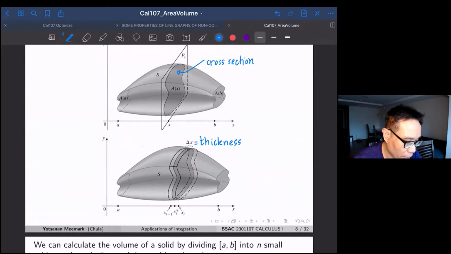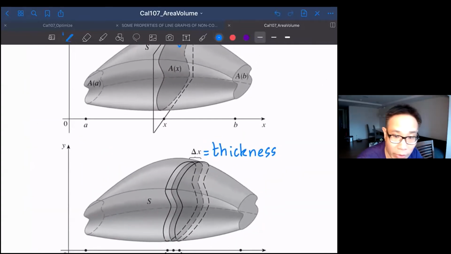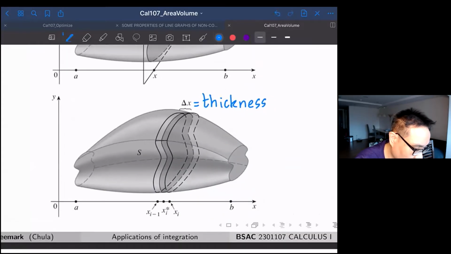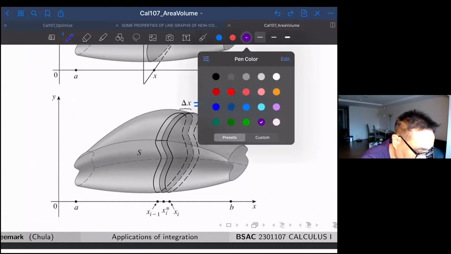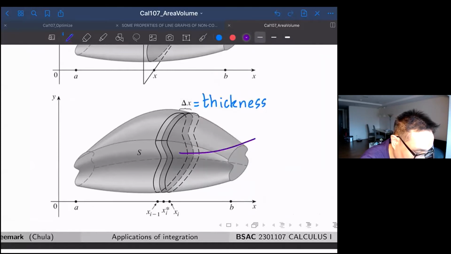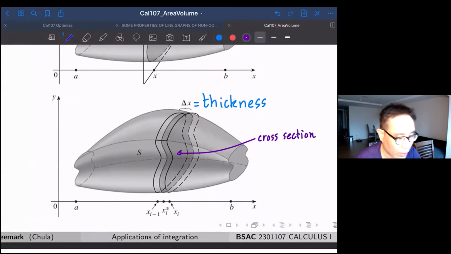I'd like to enlarge this picture for you a little bit. Here you have the thickness equal to delta x_i, and you just pick one number, x_i star, and this is your cross section. Let me use another color.